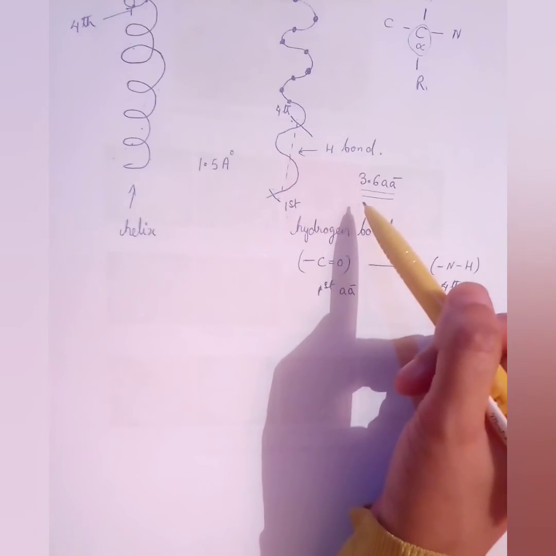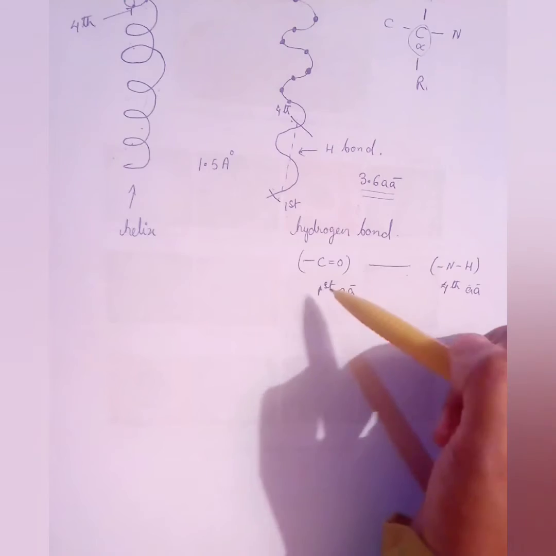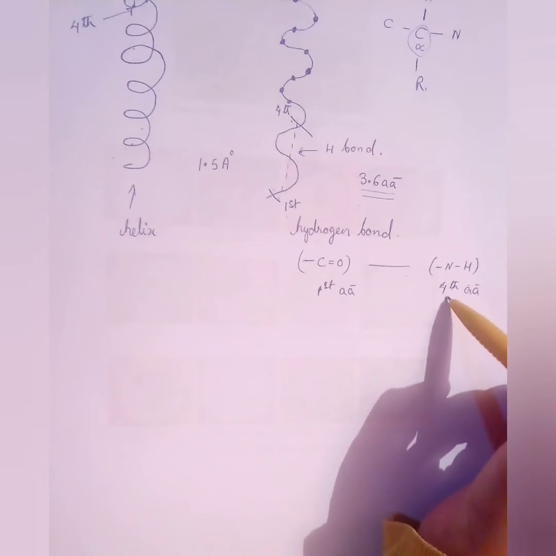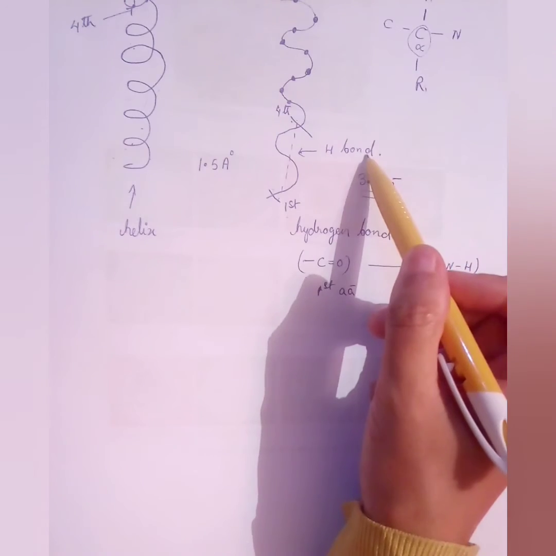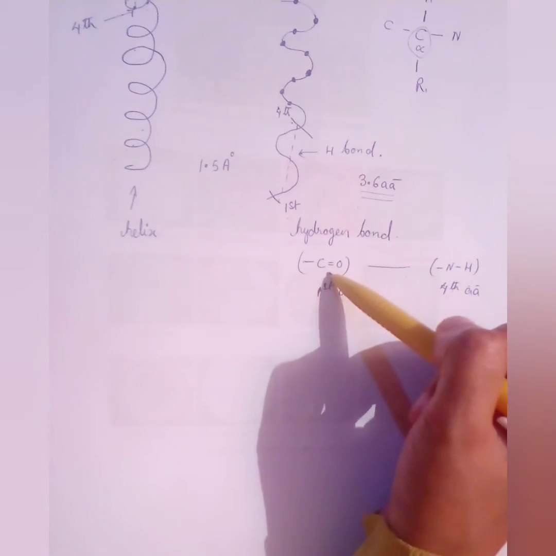The first point is that the first amino acid is linked to the fourth amino acid through a hydrogen bond. A bond is formed between the carboxyl group of the first and the amino group of the fourth.